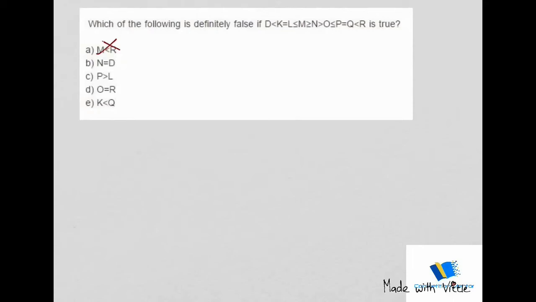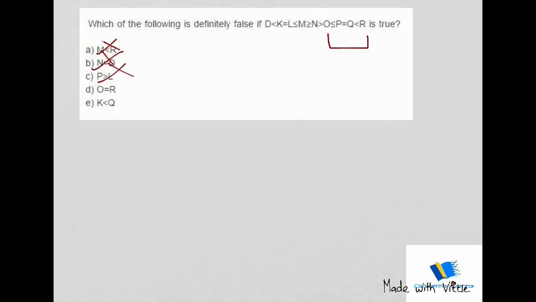N equals to D. If we see N equals to D, again there is a reversal of sign we saw here. No. So reversal of sign means you cannot draw the conclusion. It doesn't flow in one path. P is greater than L. So P and L. Again there is reversal. No, this is not it again. O equals to R. O and R.